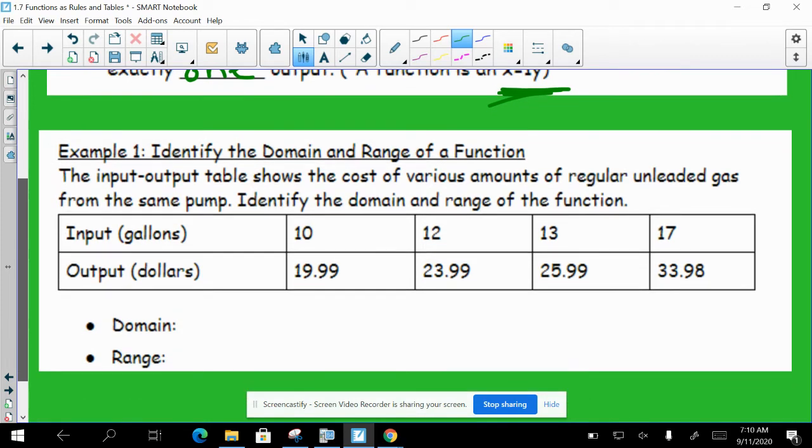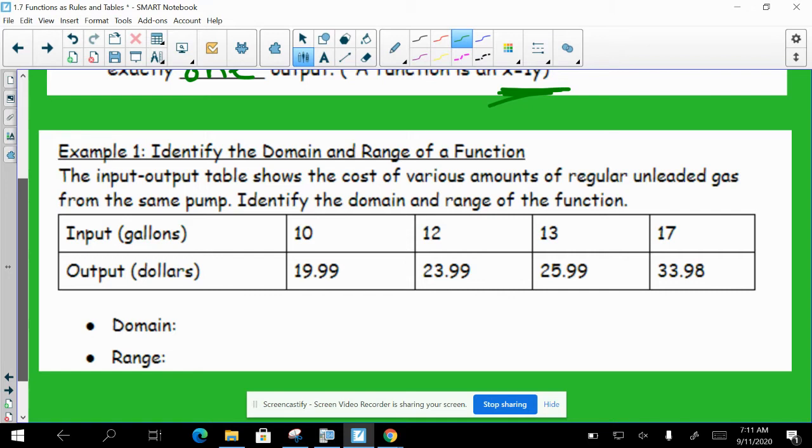So here's a couple examples. Identify the domain and range of the function. So the domain is just all of the inputs. So here, this relation is on gallons and dollars. So the number of gallons you buy, well, the amount that you pay will depend on the number of gallons you buy.